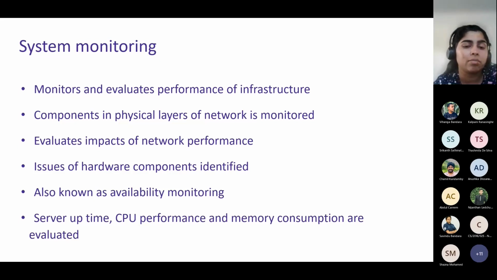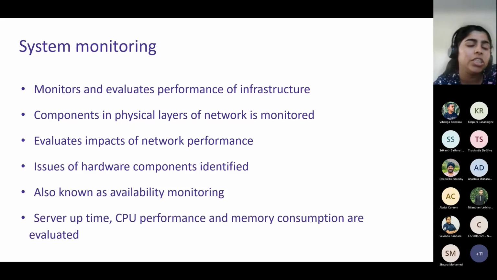And we know these systems need to be monitored, and we need to verify that the system is always available for use. We need to do monitoring to make sure systems are available. System monitoring is used for that.